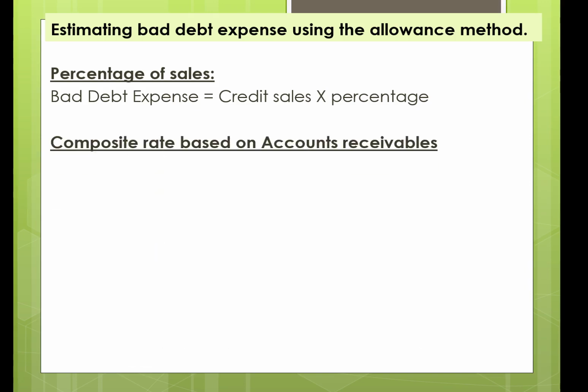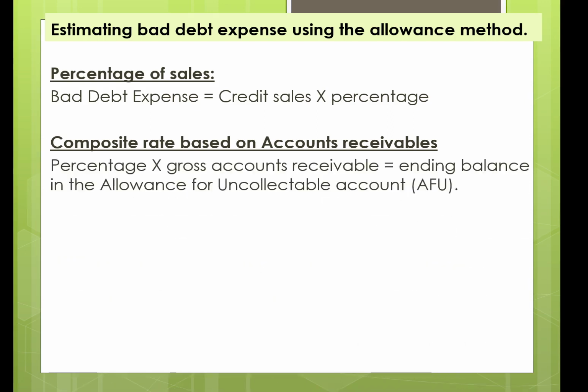The composite rate is based on accounts receivable. Here you take your percentage times gross accounts receivable, which equals the ending balance in the allowance for uncollectible accounts. This is different from the percentage of sales method, because with percentage of sales you come up with the expense, and that's your journal entry for bad debt expense.